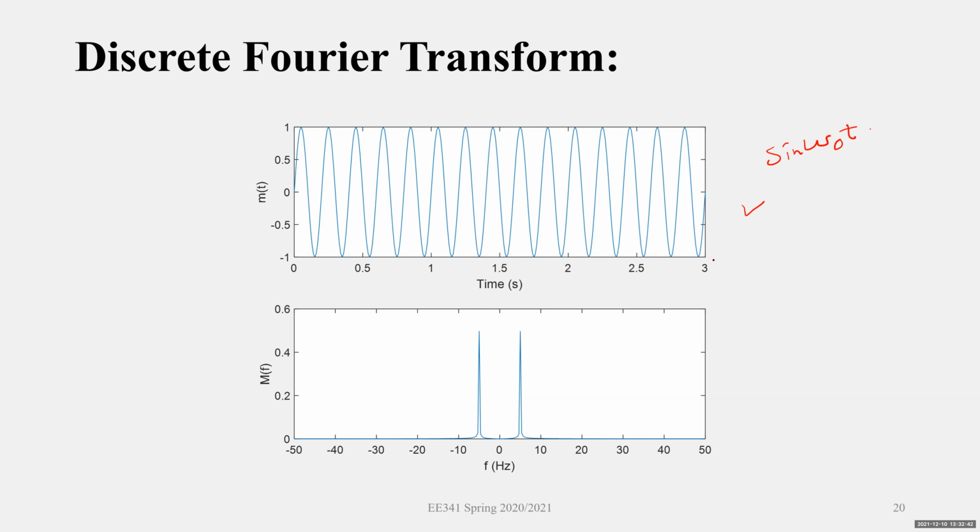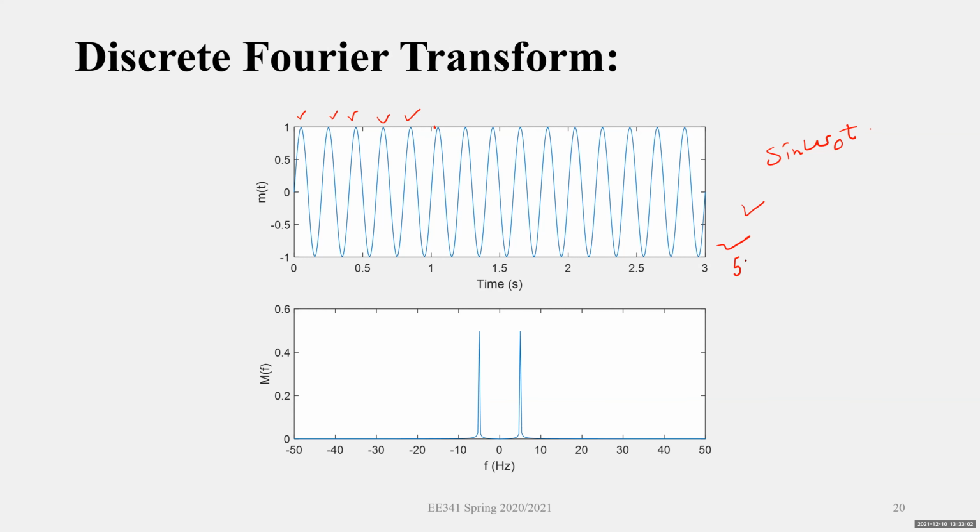Here, when you have this signal, if I ask you how much is the frequency of this signal, then what you will do is count the peaks: 2, 3, 4, 5, and here almost 5.5.